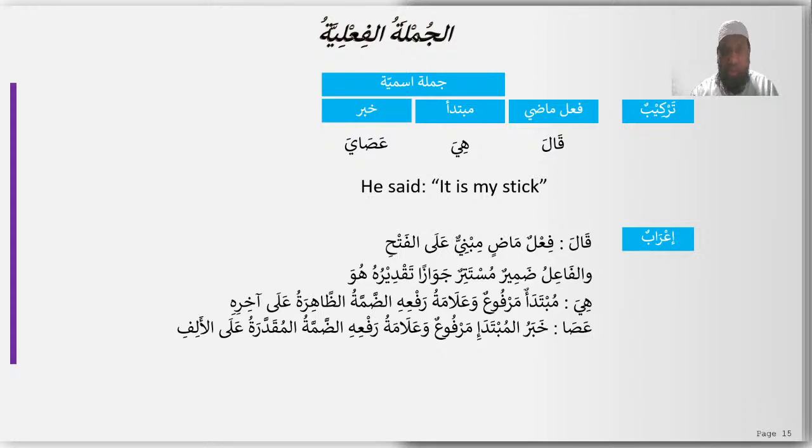If it's the muthanna kalima, the alif and nun, especially the alif. If it's jama mudhakkar salim, is the waw and nun, the waw. But over here asa, it is a mufrad word. Does it show i'rab al-dhahir, a visible dhamma? No. So it is marfu wa alamatu dhammatu al-muqaddaratu ala al-alif.